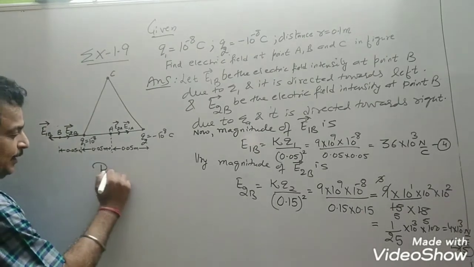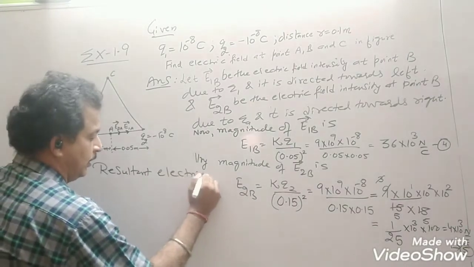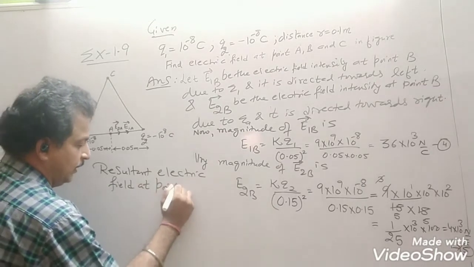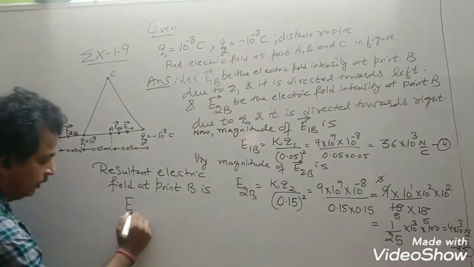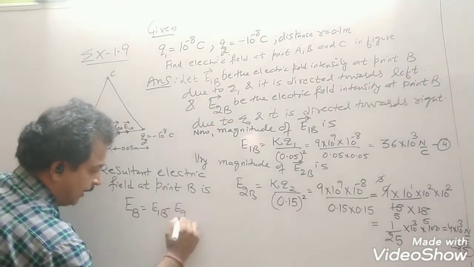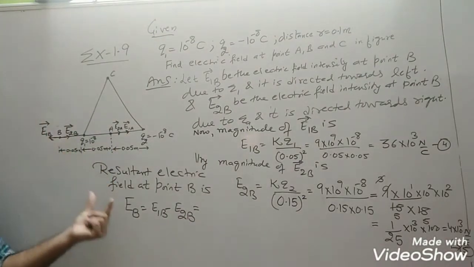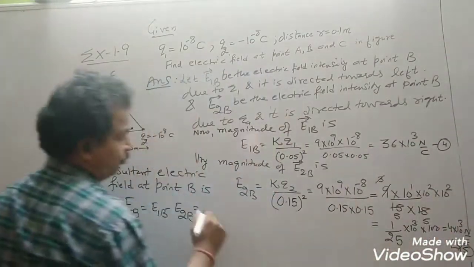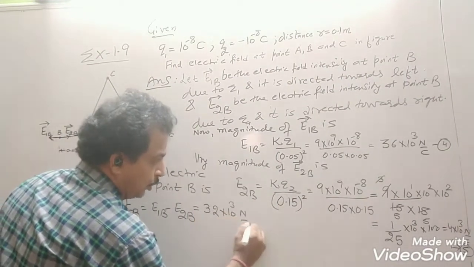Now same theory as we have written in A, the resultant electric field at point B is EB equal to E1B minus E2B. Because the directions are opposite, we are subtracting it. So 36 into 10 raised to 3 minus 4 into 10 raised to 3, that is 32 into 10 raised to 3 Newton per Coulomb.